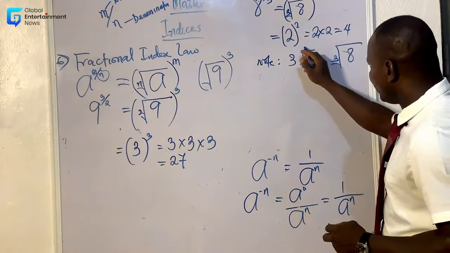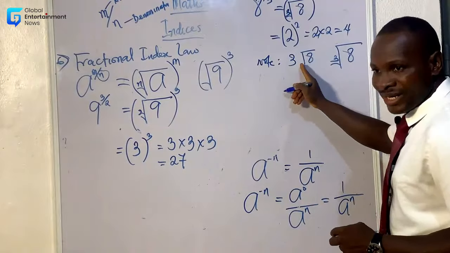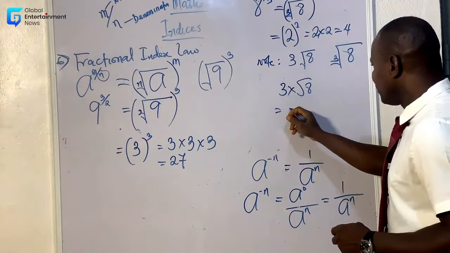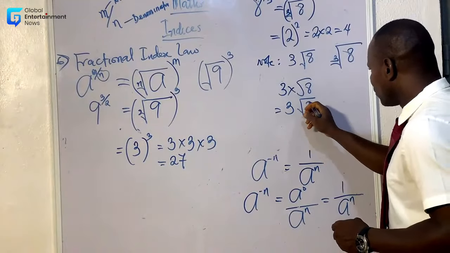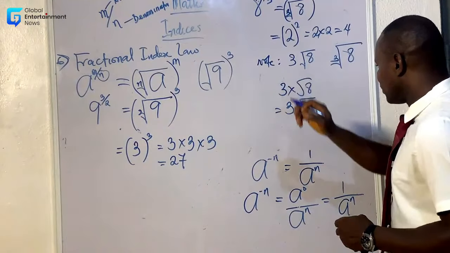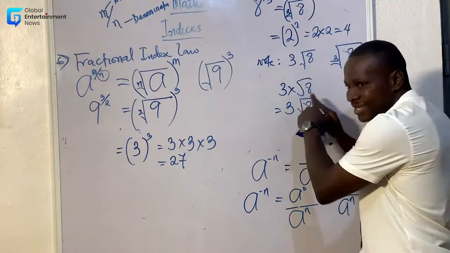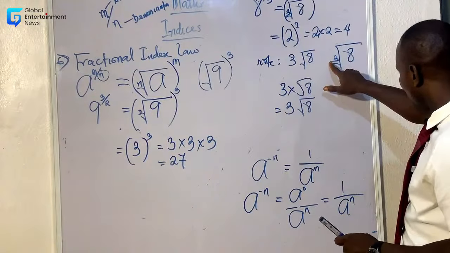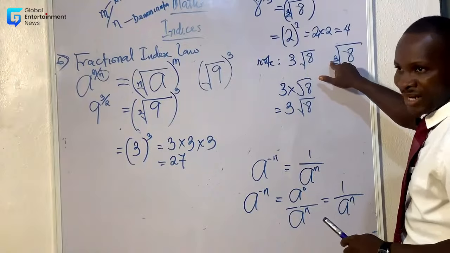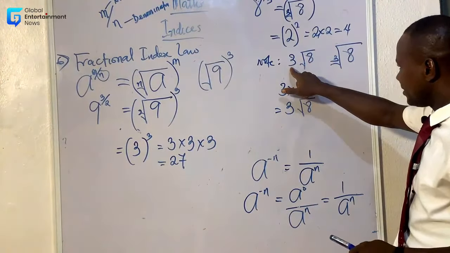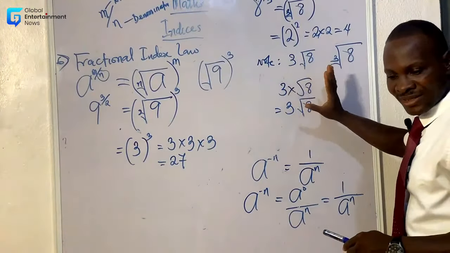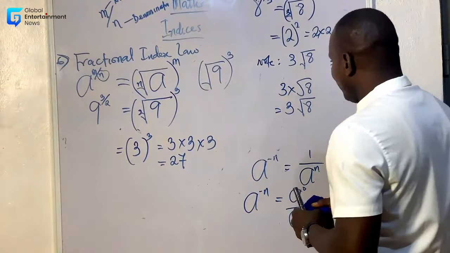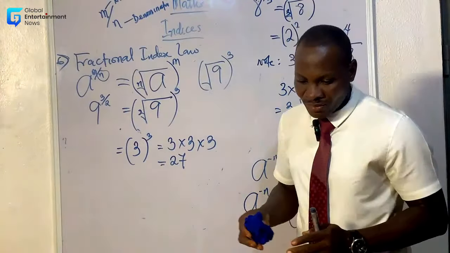In the first one, what they mean is 3 times the root of 8, which gives 3 root 8. You can see the 3 is not enclosed here. But when you look at the second one, it means the cube root of 8. You can see where the 3 stands, and the 3 here is outside. So please take note of that. That is rule number 6.